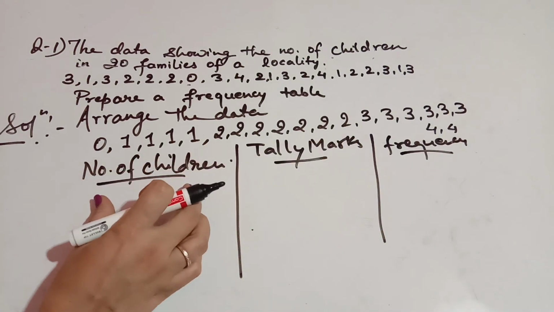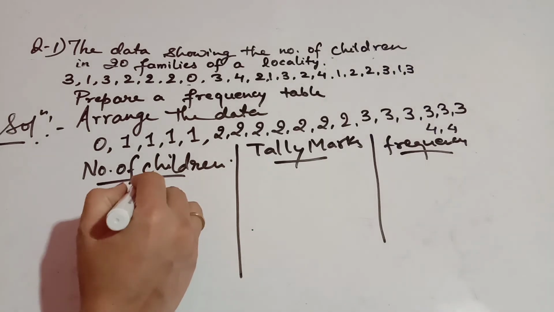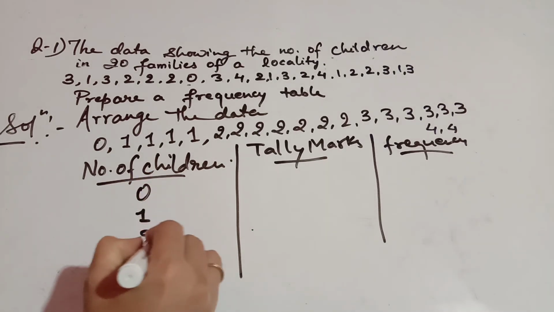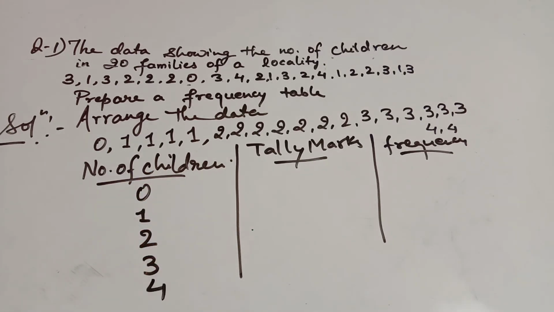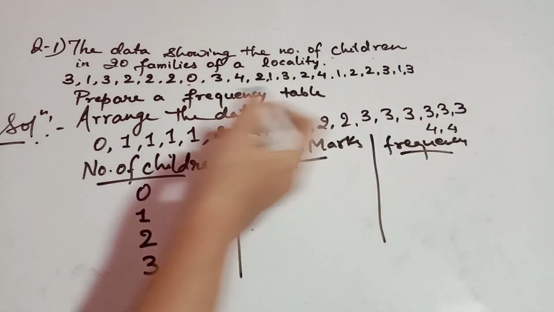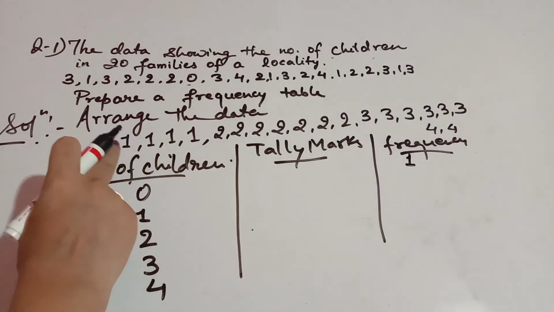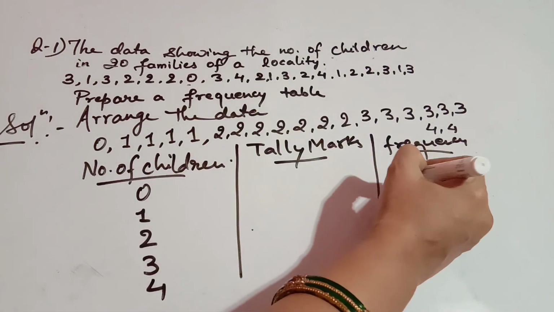Under number of children, only write the observations that are there. We have 0, 1, 2, 3 and 4. Only these numbers are present. Frequency of 0 means how many times 0 is there? Only one time, so frequency of 0 is 1. Frequency of 1 is 4.